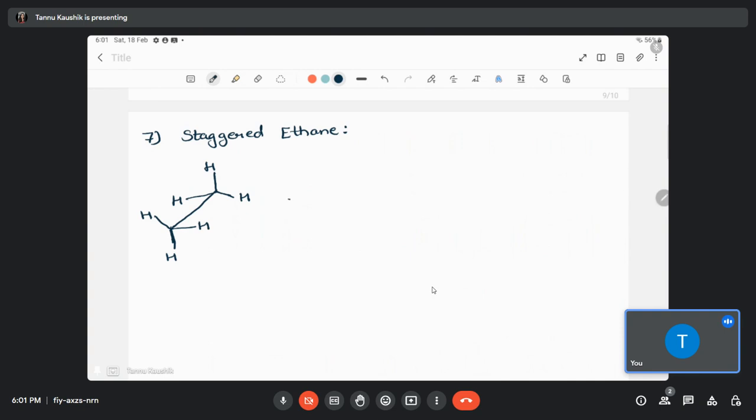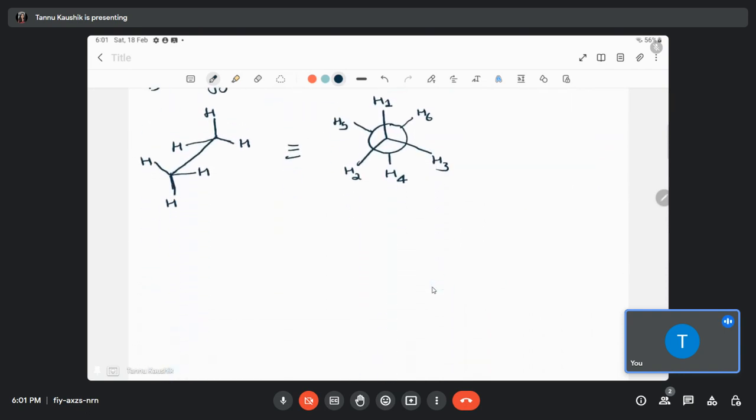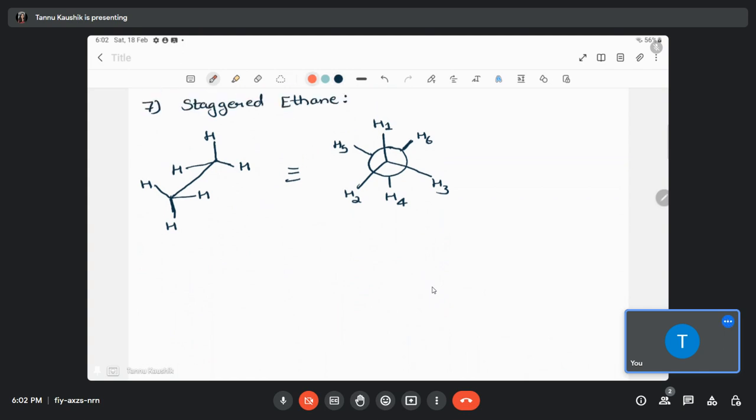Okay. So I'll represent it in Newman projection this way. H1, H2, H3, then H6, H4, H5. So this is the projection we are getting. So we will again find out whether the molecule is linear. The molecule is not linear.